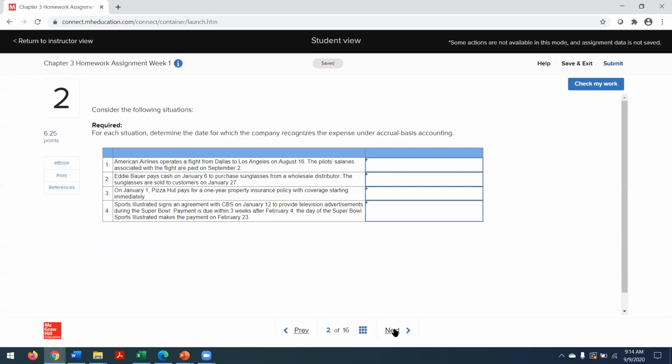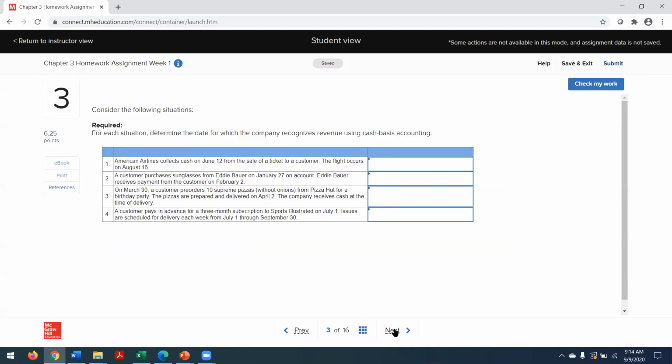This one, determine the date for which the company recognizes the expense. Remember, we record an expense to match the revenues they help to create. Then this one says, determine the date for which the company recognized revenues using the cash basis of accounting.